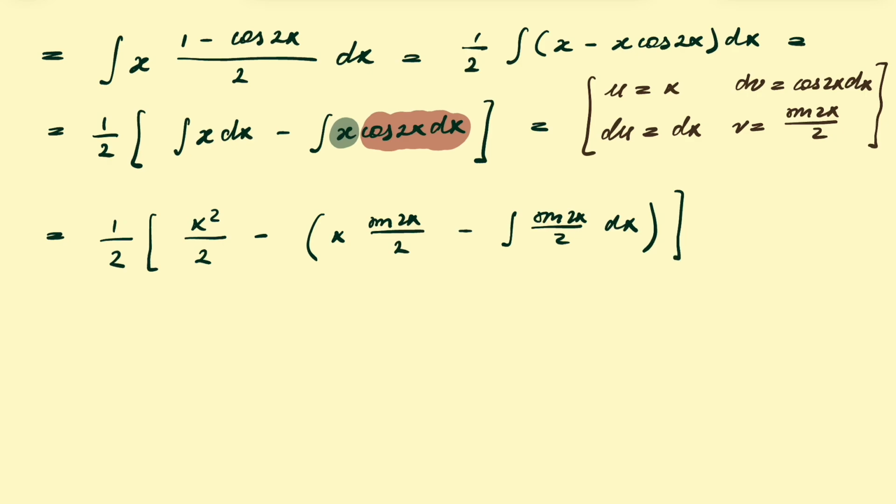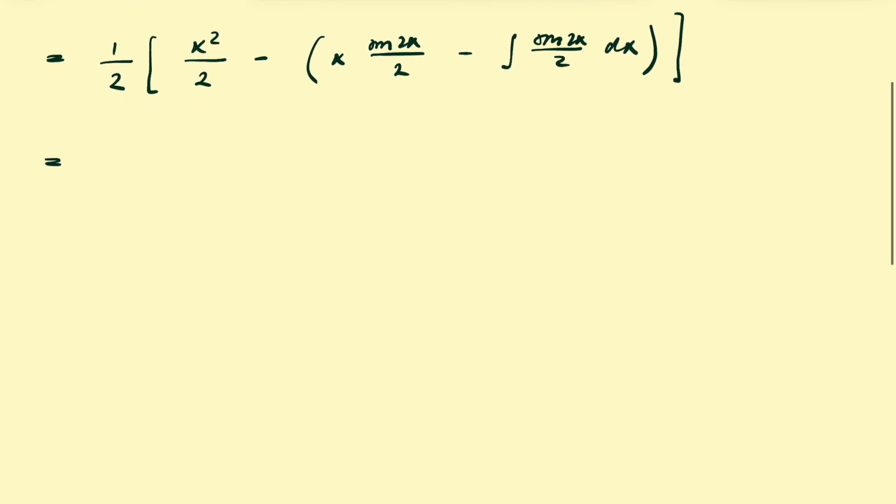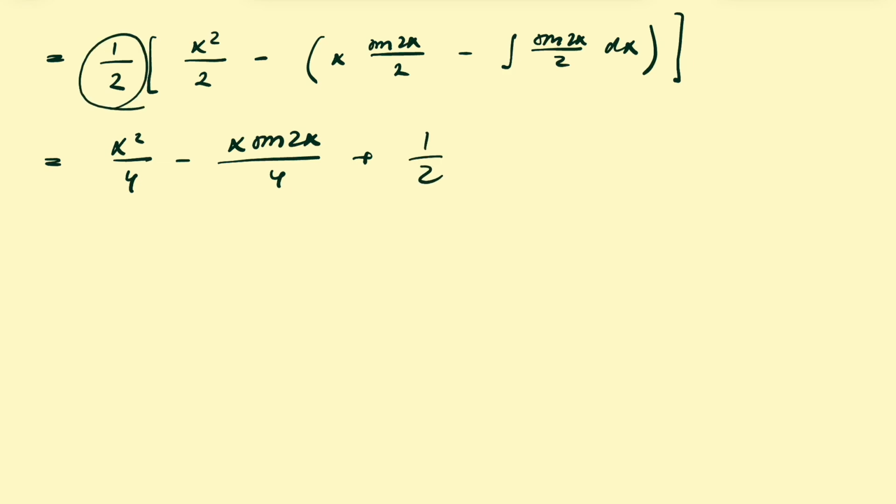Alright, now let's move and slightly open up brackets. For this expression we have x squared over 4 minus x times sine of 2x over 4 and plus, I believe, well, we have 1 over 2 from this place, and there is also 1 over 2 here.